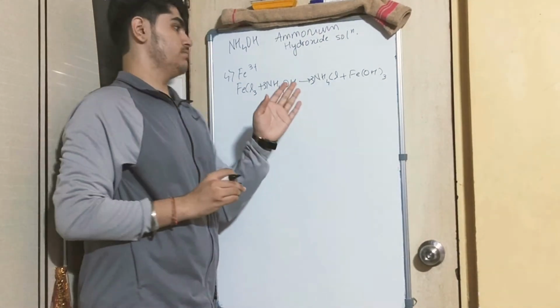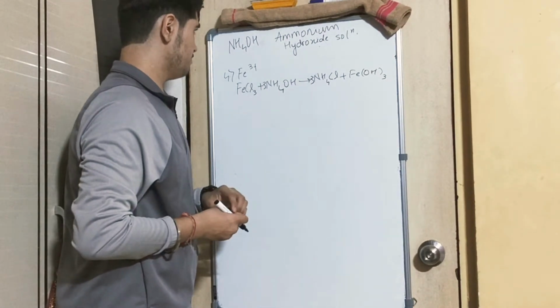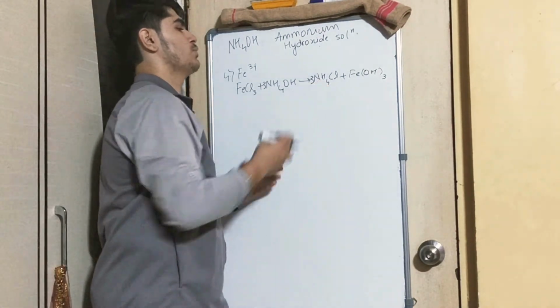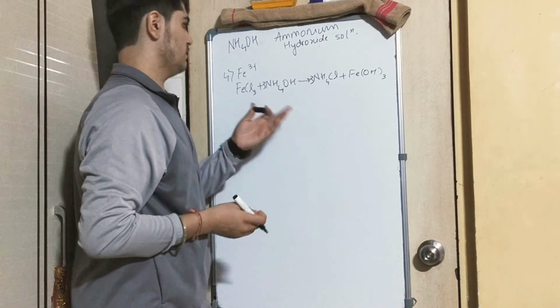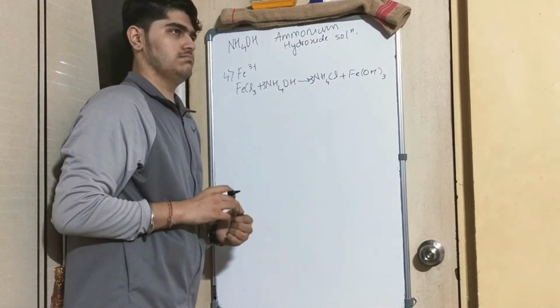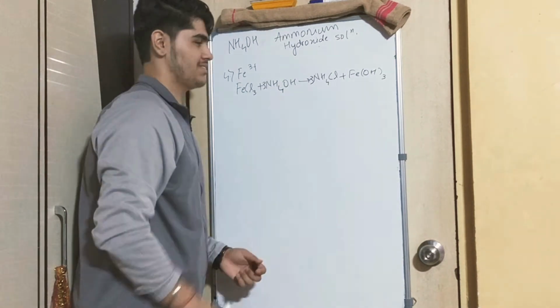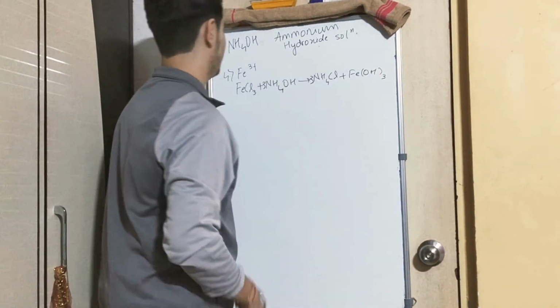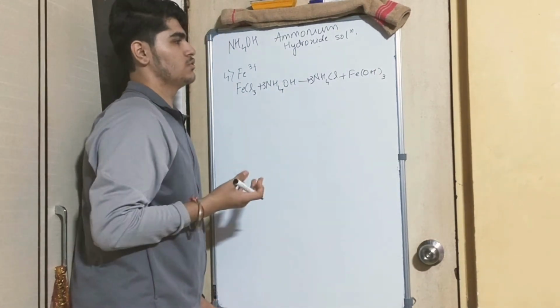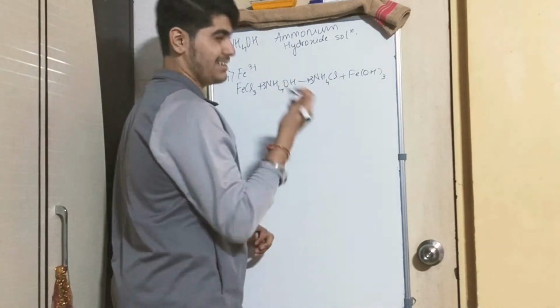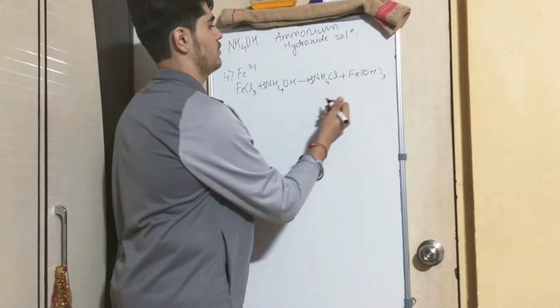Friends, you need to be perfect in balancing, because if you don't know how to balance an equation, it would be difficult for you to crack boards or chemistry, because at least 3 to 4 marks students lose in that, and those 3 to 4 marks are very important.